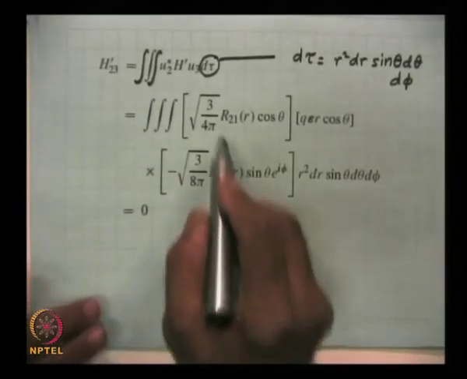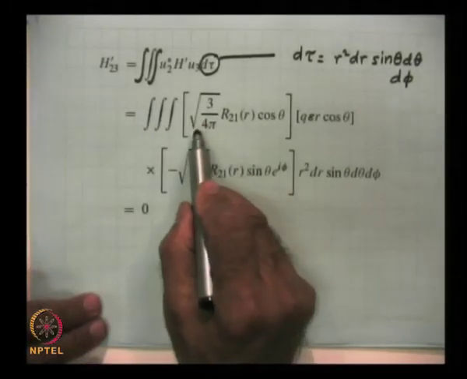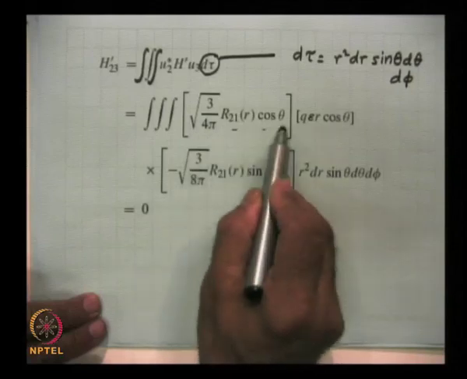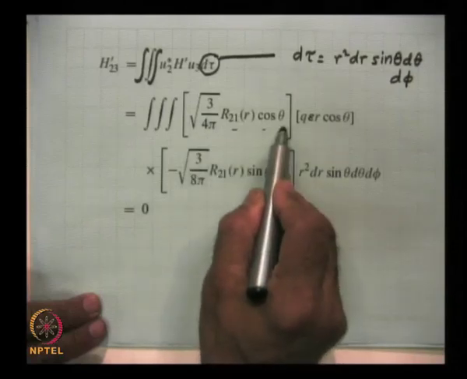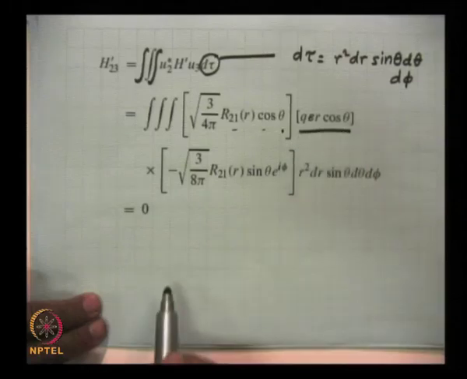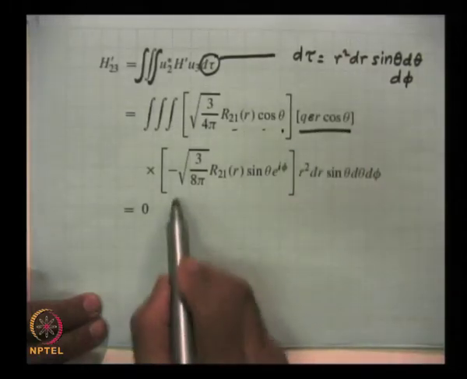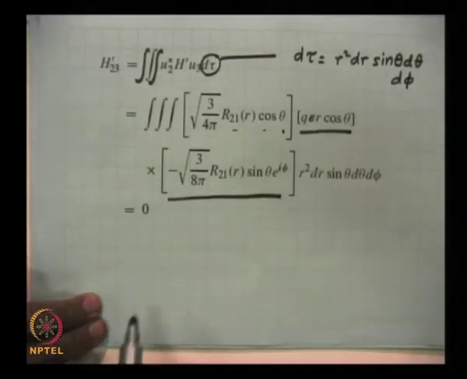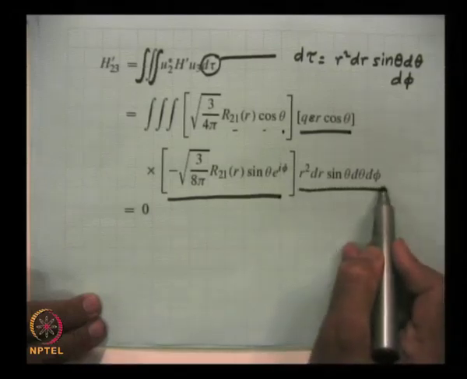So, u2 will be u2 star, the r and theta part is this, r theta phi, this is the perturbation, this is u3, multiplied by r square dr sin theta d theta d phi.